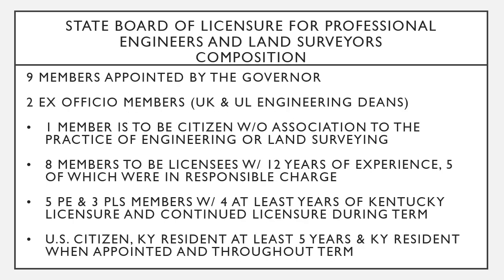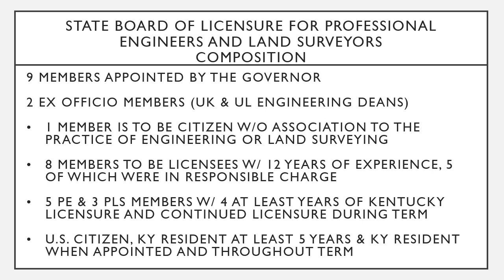Over the next several slides, we'll look at the composition and duties of the State Board of Licensure for professional engineers and land surveyors. This is an item that many licensees are not familiar with, and they see the Board of Licensure as some entity outside of themselves without much direct tie, aside from as a disciplinary figure.